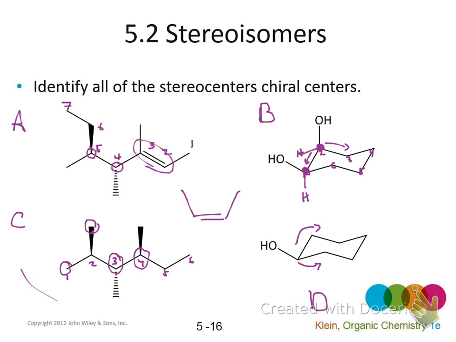So cis and trans are stereocenters. But chiral molecules also have stereocenters because you can make different spatial arrangements on those chiral atoms. So stereocenter is the more generic term. It includes cis and trans, and it includes chiral centers.